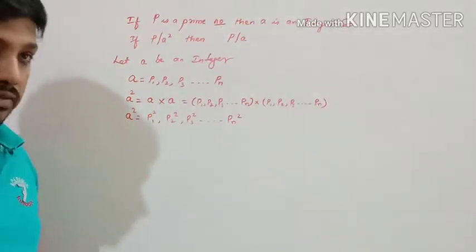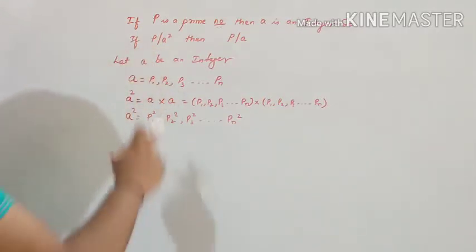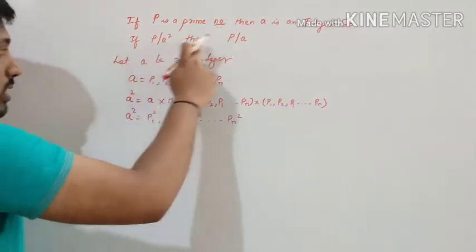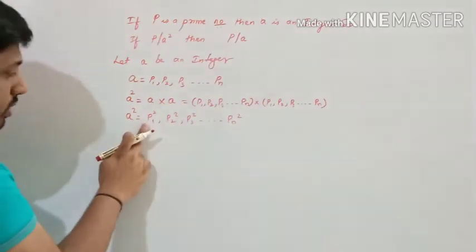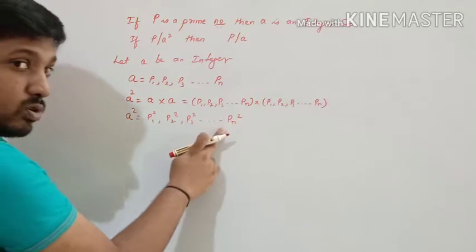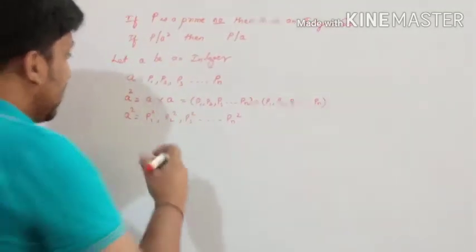Now if you observe carefully, the condition already given is that p divides a square, hence p divides a also. So a square is equal to p1 square, p2 square, p3 square and so on to pn square. By the given data we know that p divides a square.